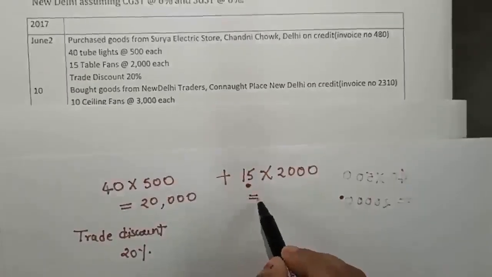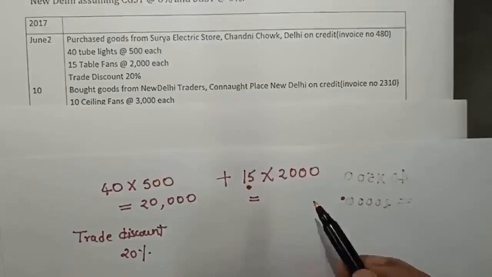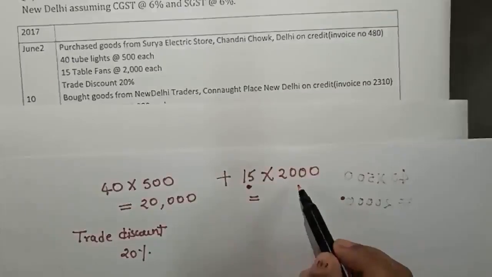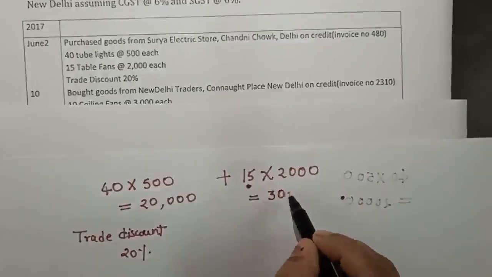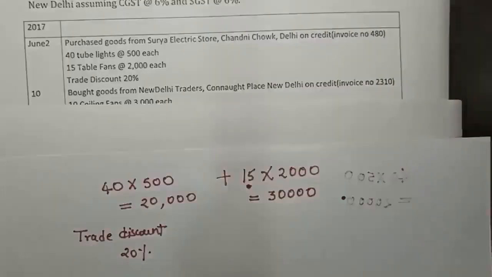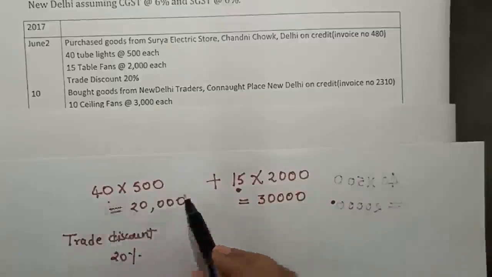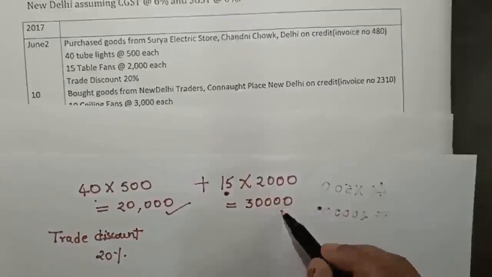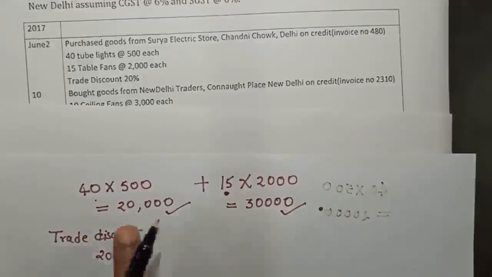So what shall be the cost of 15 table fans? 15 table fans multiplied by 2000 will be how much? 30,000.